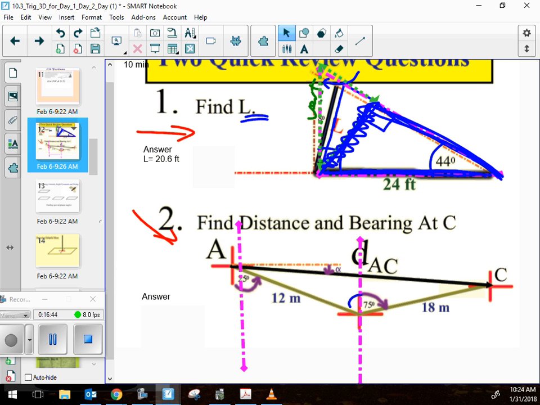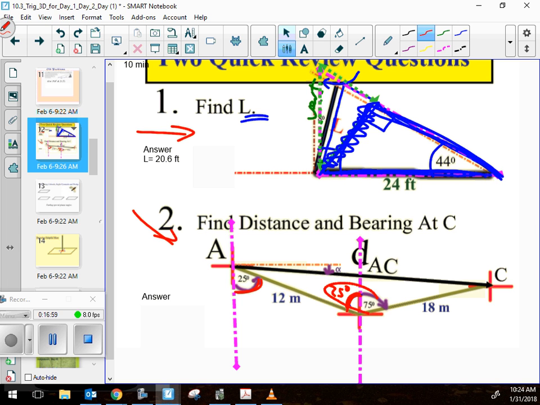Then this angle has to be the same as this angle. Therefore, that's 25. Therefore, there's a total of 100 down there. 100-degree angle in there, side angle sandwich, and that's the easy way to do it.